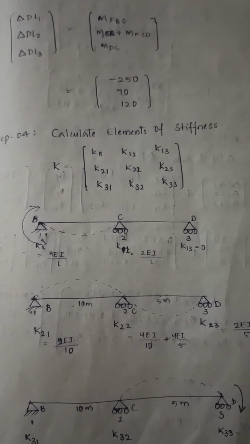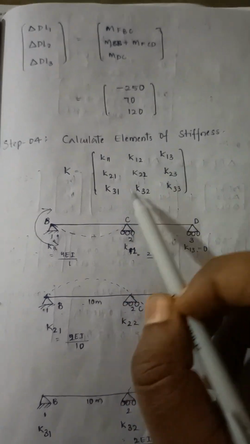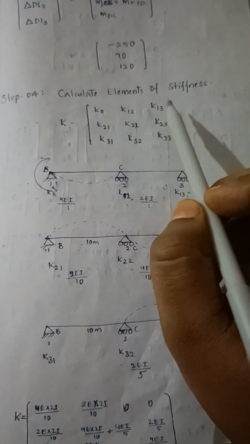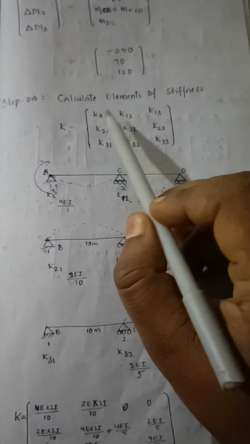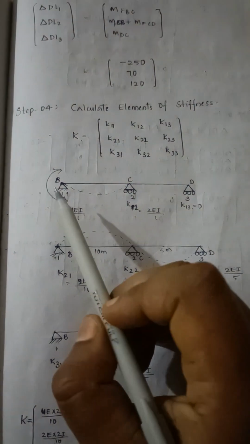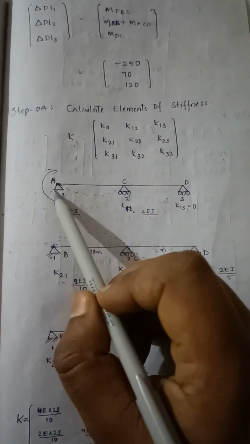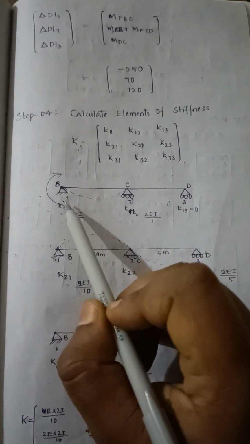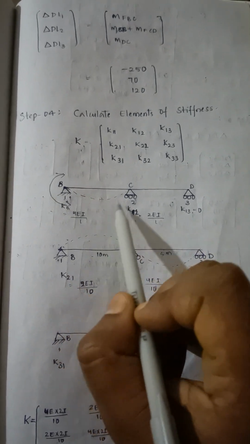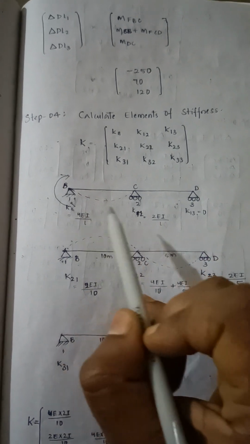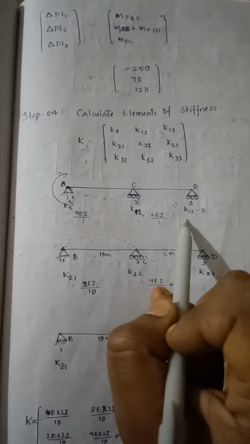stiffness matrix, K equal to K11, K12, K13, all this. So here, how to find K11, K12, K13? To find K11, K12, K13, we need to apply the unit rotation at B, at the first coordinate. So due to this B there will be some reflection here. So at this point it is K11, K12, K13.